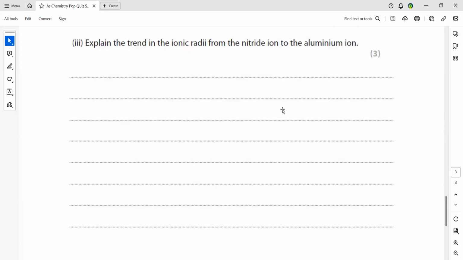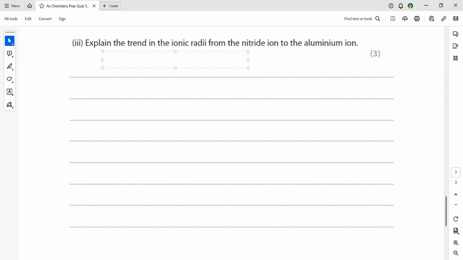So first you will mention that ionic radii is decreasing when the proton number or atomic number is increasing, because there will be more protons in the nucleus, and all these ions are isoelectronic, meaning they have the same number of electrons. So how are the marks distributed?